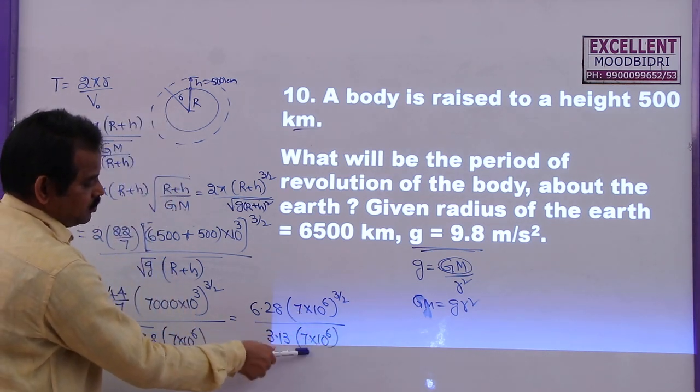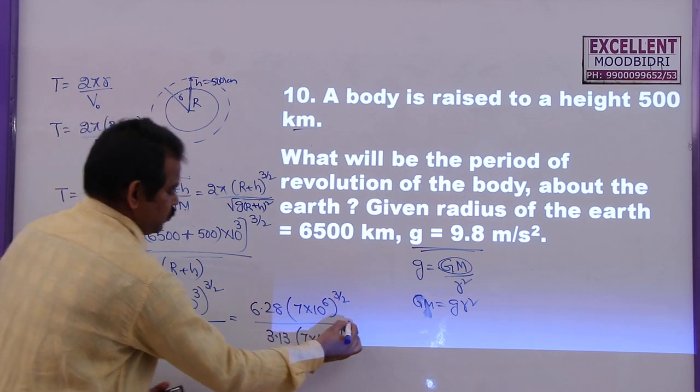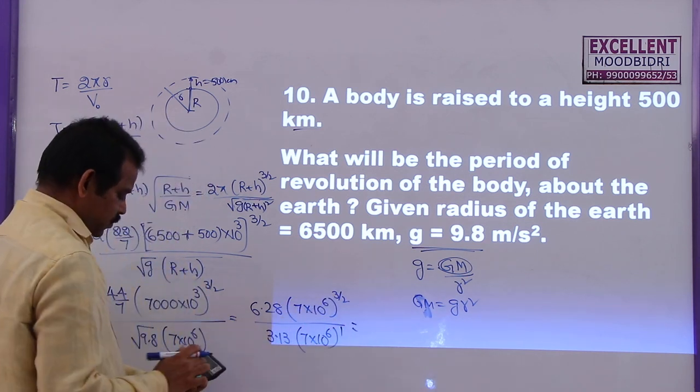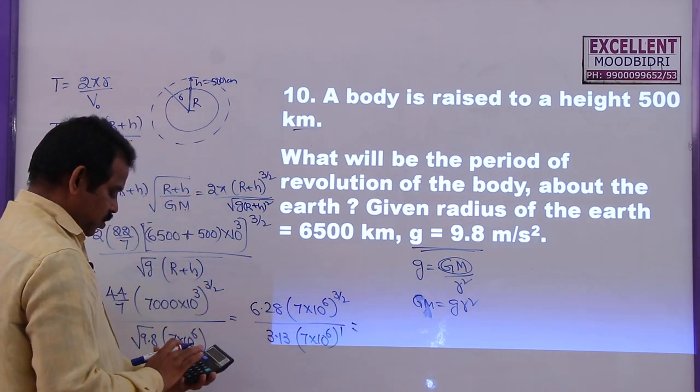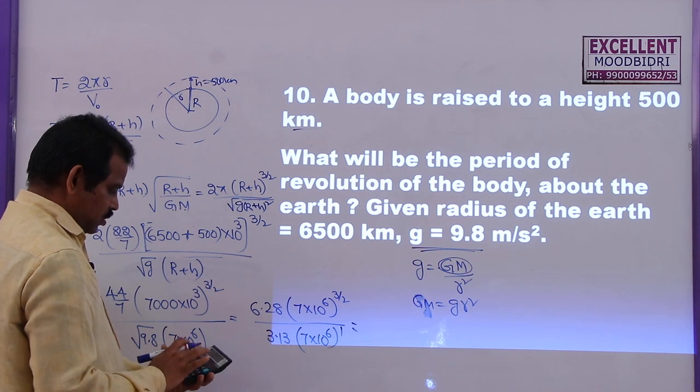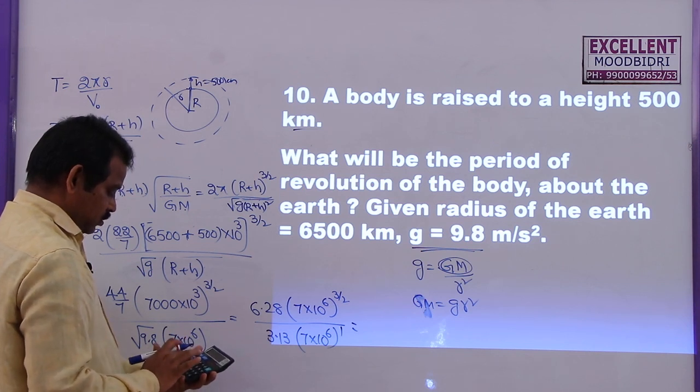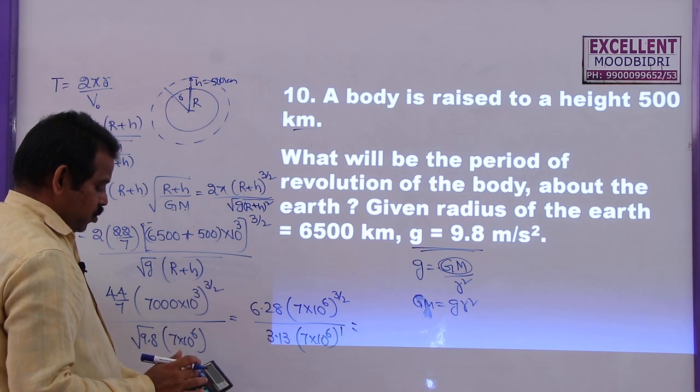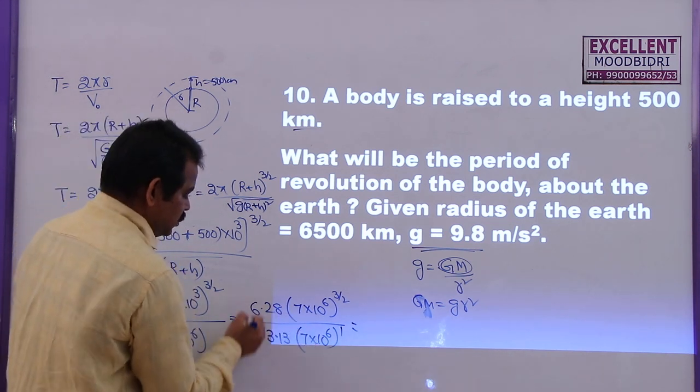You can see these two values are the same, this is power 1 and this is power 1 by 2. So 6.28 divided by 3.13 is 2.006. So let me take it as nearly 2.